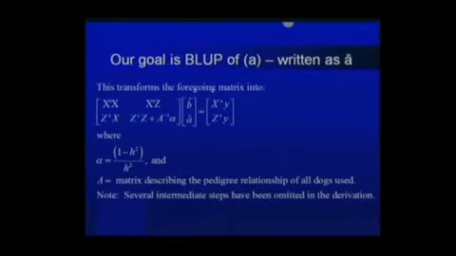So you rewrite that in matrix form, and you get this kind of big mess here. The important thing to note is that the two new terms you see on this slide that you didn't see on the previous slide are the inverse of capital A and alpha. Alpha is calculated using the heritability of the trait, which is an important measure, and A is that matrix.